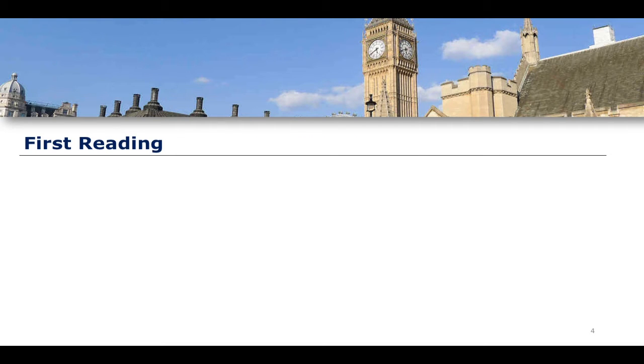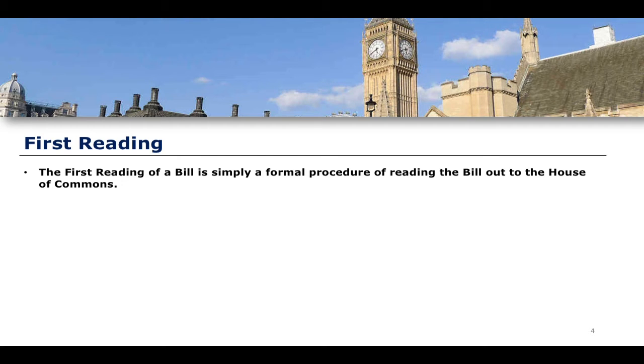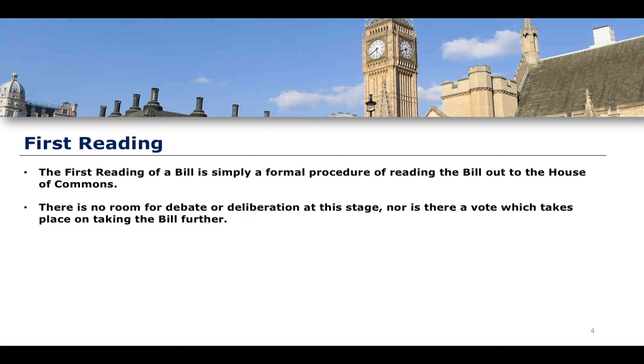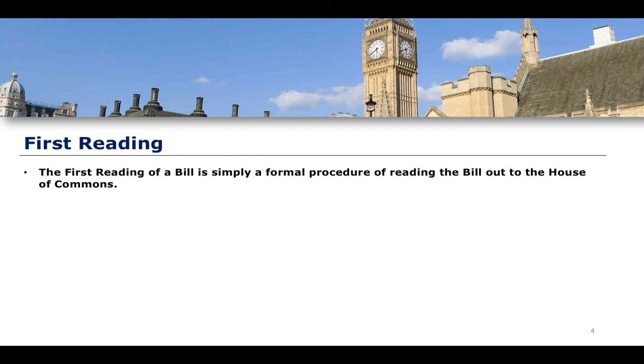So the first reading is the most simple, and it is probably the least impactful of the processes through which legislation is made. The first reading is simply the formal procedure of reading the bill to the House of Commons. They read the bill out loud to the House of Commons. They also make a declaration as to the compatibility of the legislation with the Human Rights Act at this stage of the legislative process.